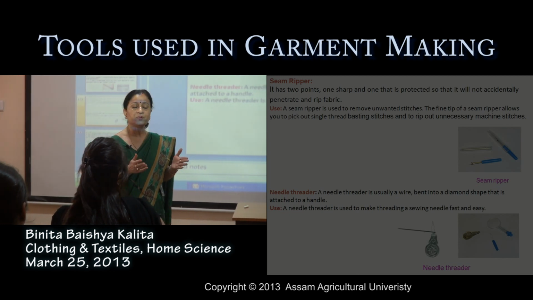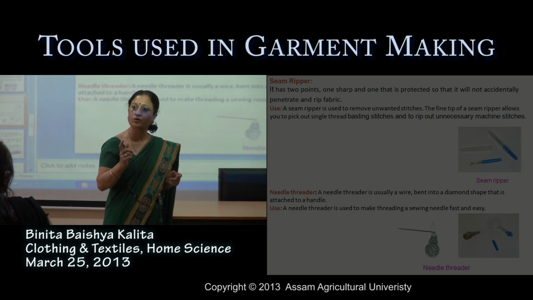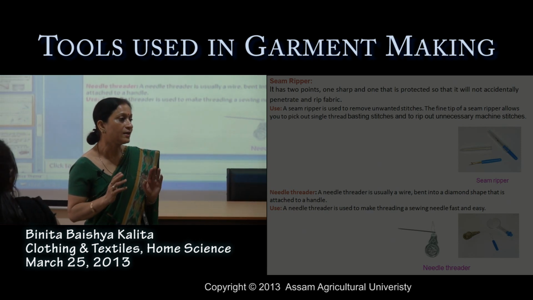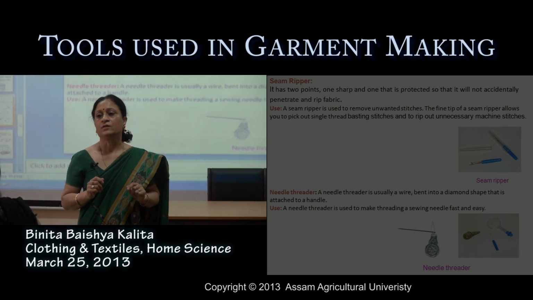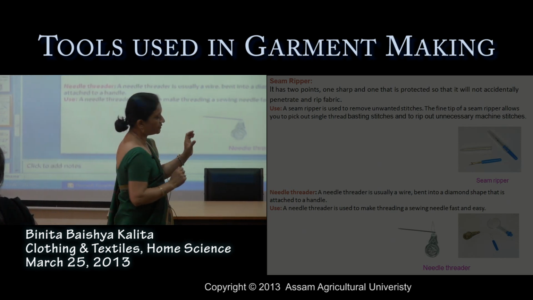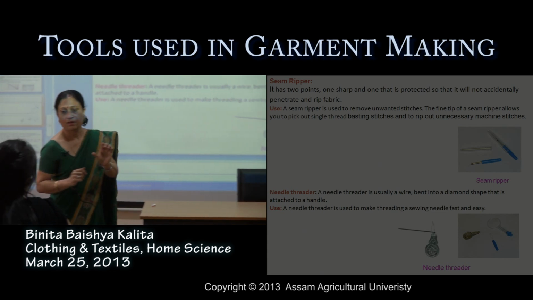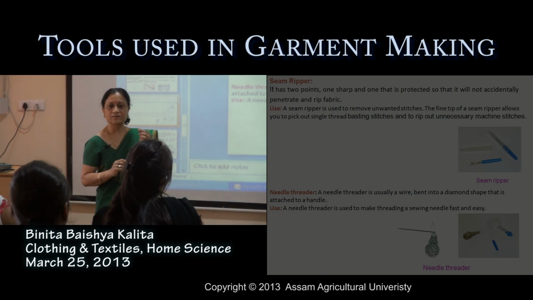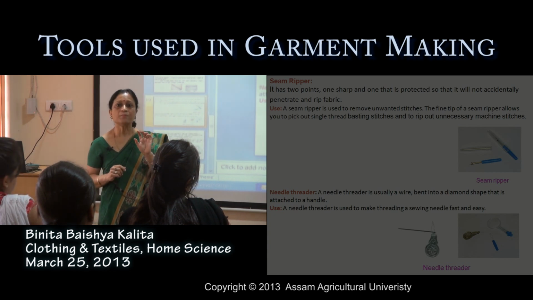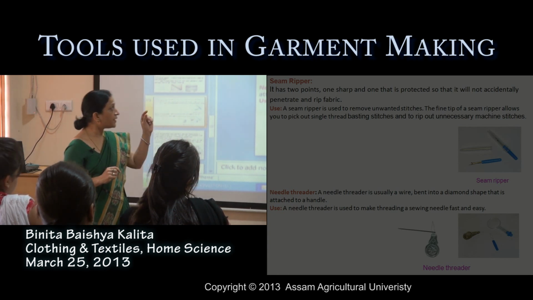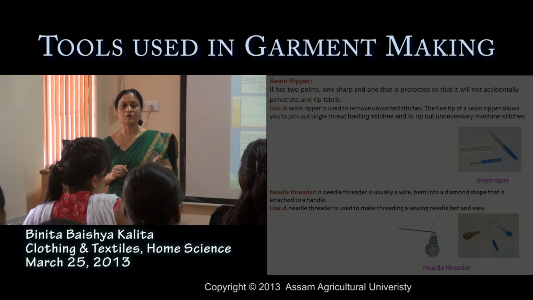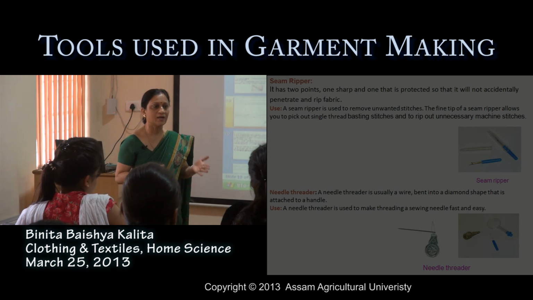To open the seam you should not use a blade or scissors, because there will be a possibility of cutting your fabric or the garment. So in that case you have to use the seam ripper. It is a metal tool having two ends, one more sharp and another one blunt, attached to a plastic handle, and the sharper edge is used to remove the unwanted seam or stitch from the garment.